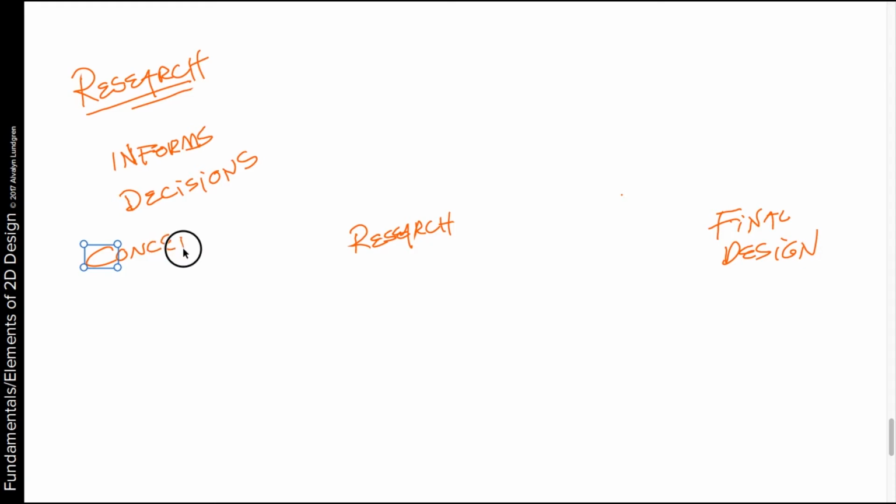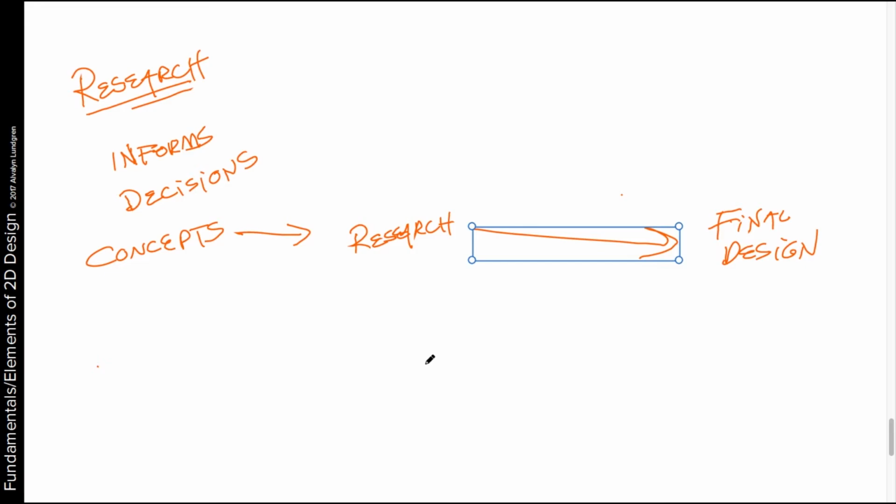A lot of students make the mistake of doing the research either in the middle of the process or at the end of the process. So this is the mistake that a lot of people make. Or they'll put the research over here because they don't see this as having a whole lot of relationship to this or to that.